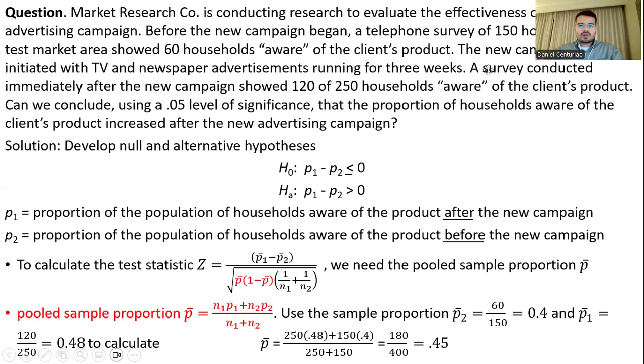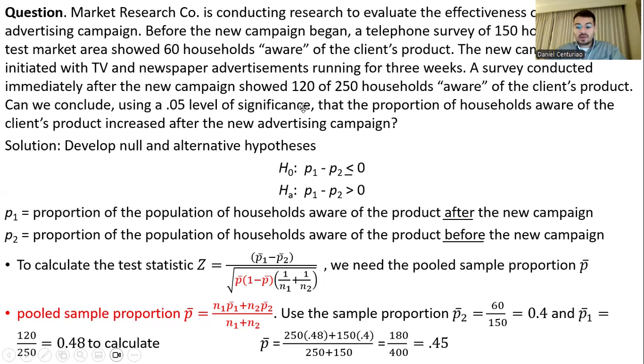They give you a second case where they started the new campaign, and then they did a new survey with a different size of n, and asked how many people were aware of the product as well. And it's asking you, based on this level of significance, meaning that you have 95% confidence and 0.05 significance.